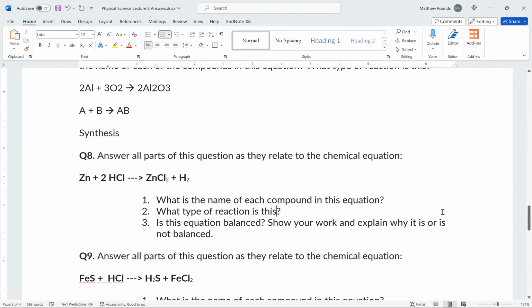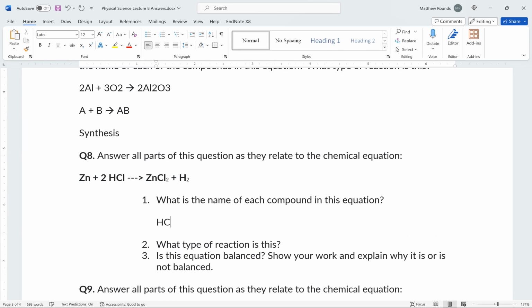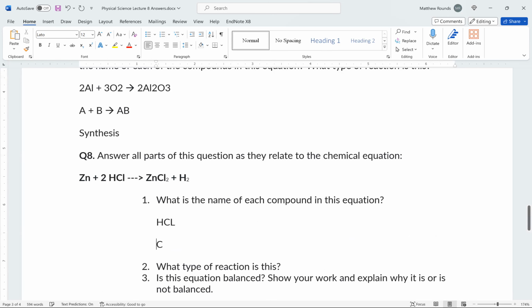All right. So what is the name of each compound in this equation? So I want you to look up on the internet HCl and ZnCl2, and put those in the chat, please. You want me to search up the names, right?